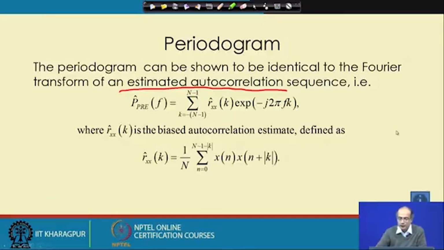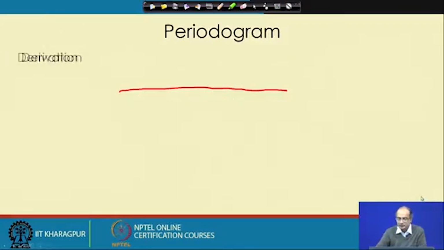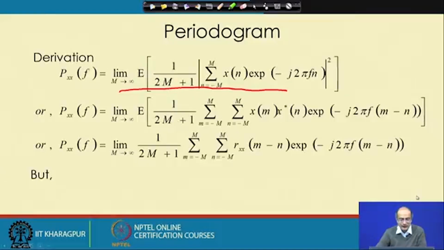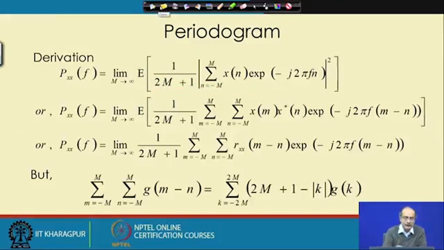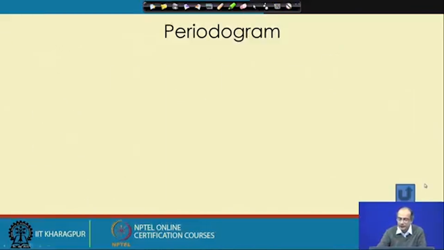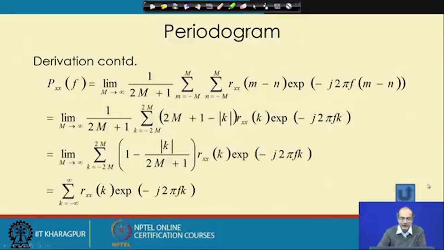We have shown that in the previous derivations, starting from the original definition of PSD, and from there we got that for that case it is going towards the PSD with ideal autocorrelation sequence.